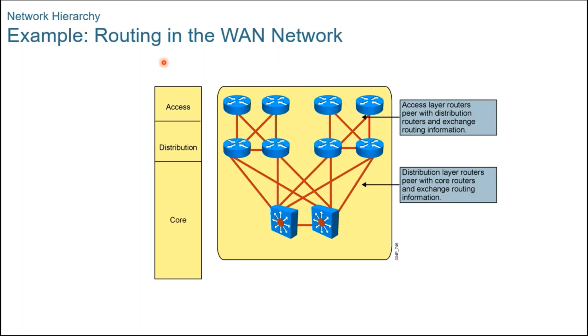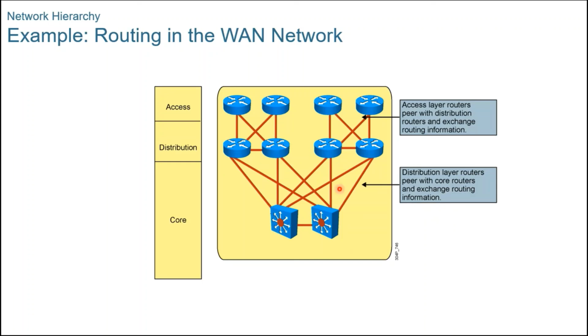Routing in the WAN network. This figure shows an example of multi-layer switching in the campus core. A typical packet between access sites follows these steps. Step 1, the packet is layer 2 switched towards the distribution layer, the distribution switches. Step 2, the distribution switch performs multi-layer switching towards a core interface.